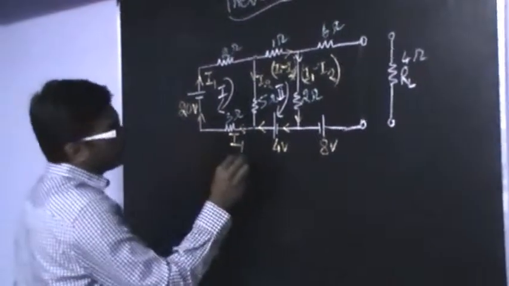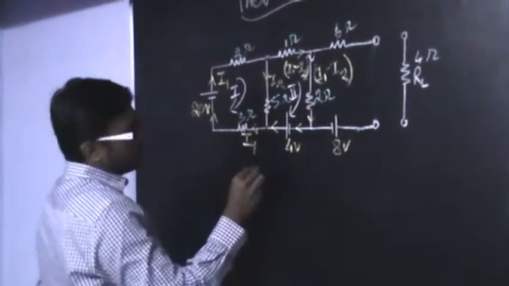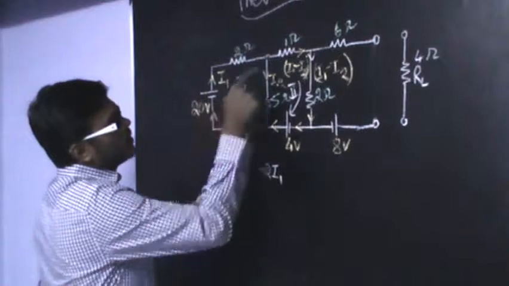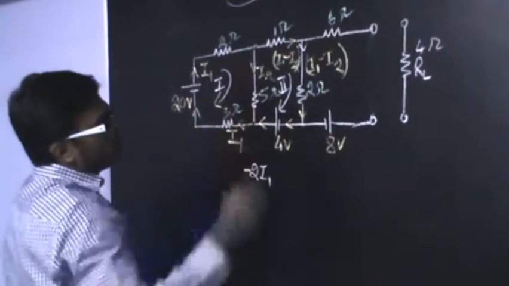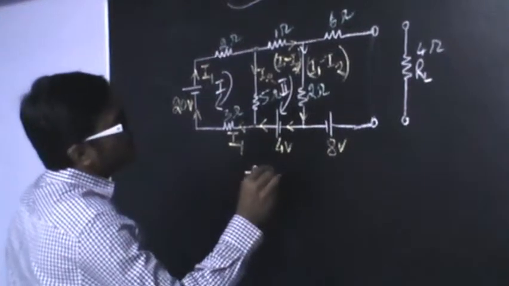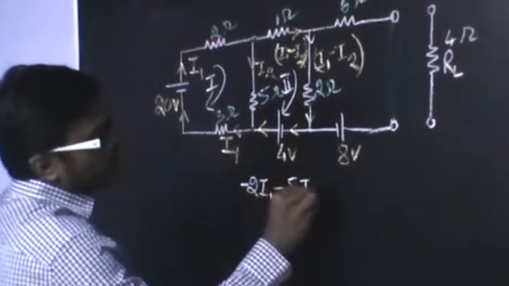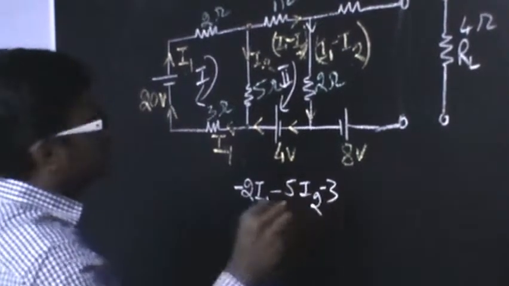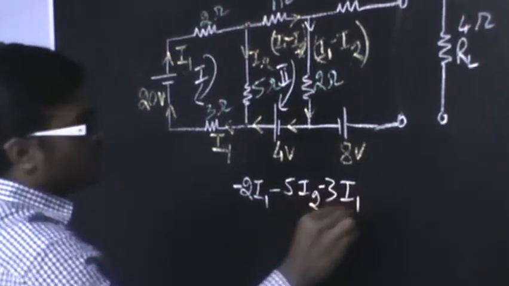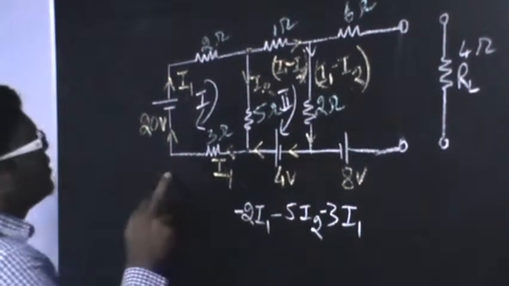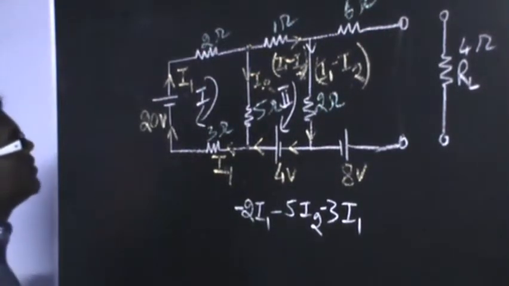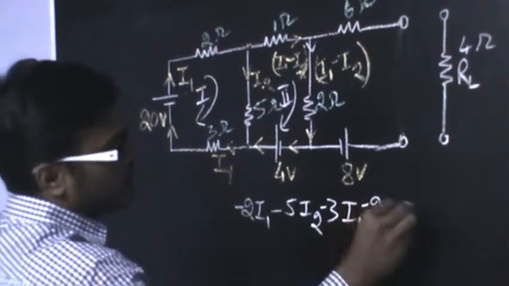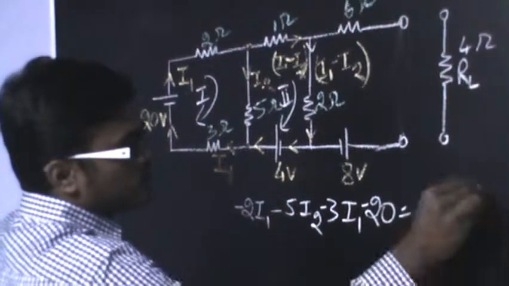If I take loop number 1, I will be getting minus 2 I1, and here the current flows here, minus 5 I2, here the current comes here, and minus 3 I1. Here the current flows in the same direction, so minus 20 is equal to 0. This will be my first equation.